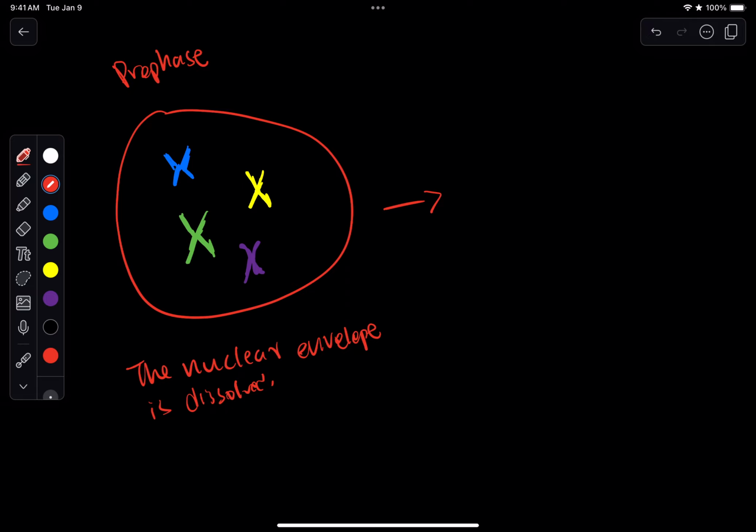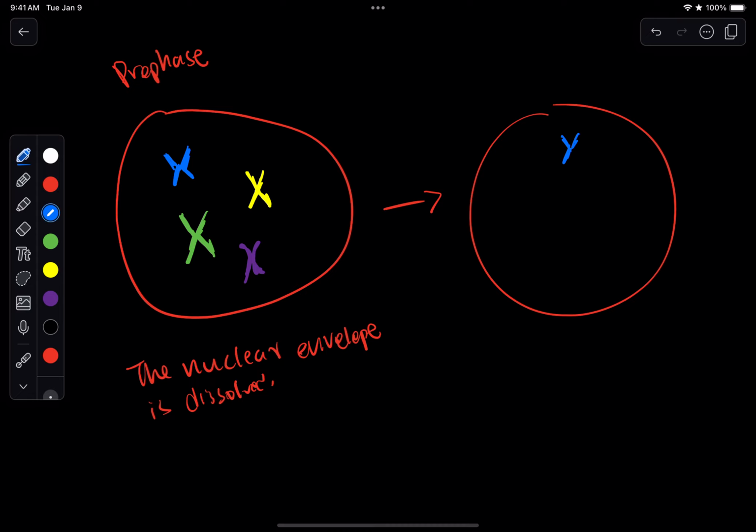Then during metaphase, they line up in the middle. They line up at the metaphase plate, which is the fancy word for the equator of the cell. So they line up in the middle. That's how I remembered it: metaphase, middle.